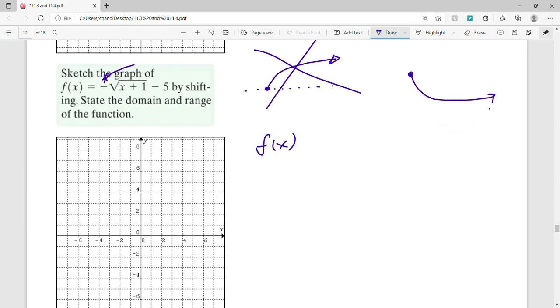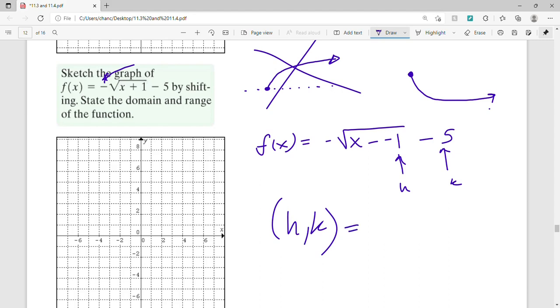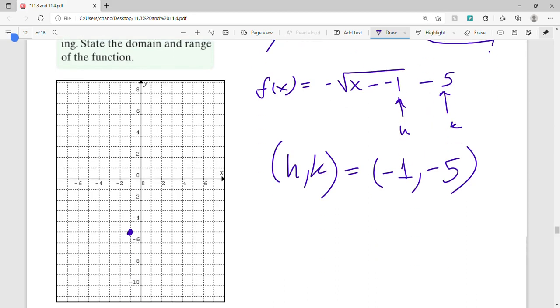I can rewrite this with a double negative so I don't get confused. This is my H, this is my K. My endpoint is the point HK, so we'll write H as -1 and K as -5. And so we have to be careful with this one, it's going to be upside down.